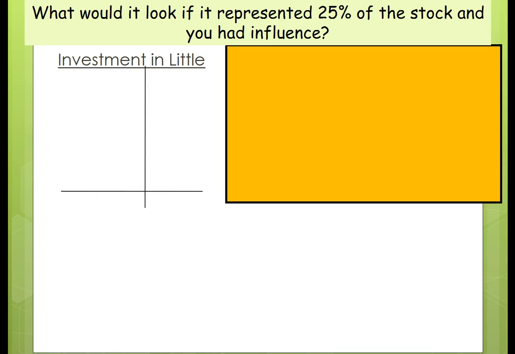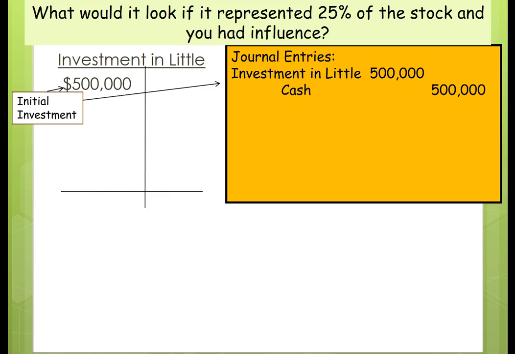Now, what happens if instead it represented 25% of the stock and you had influence? Well, we would still record our initial investment of $500,000. That would be done exactly the same as it was for the fair value method. But now, what is going to affect that investment account? Well, two things right now.